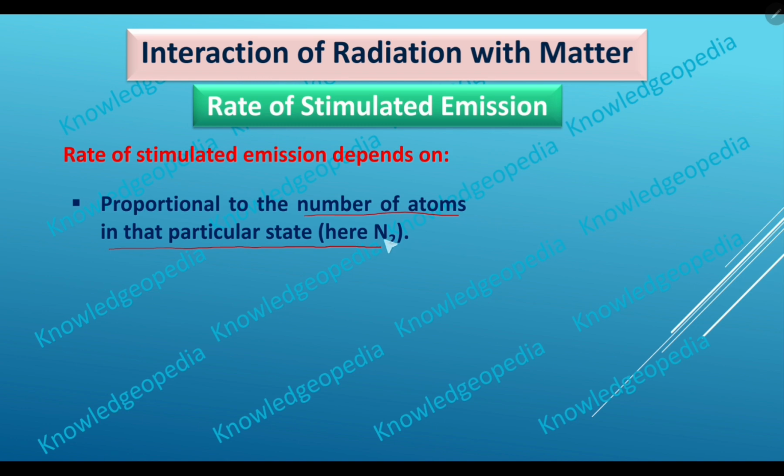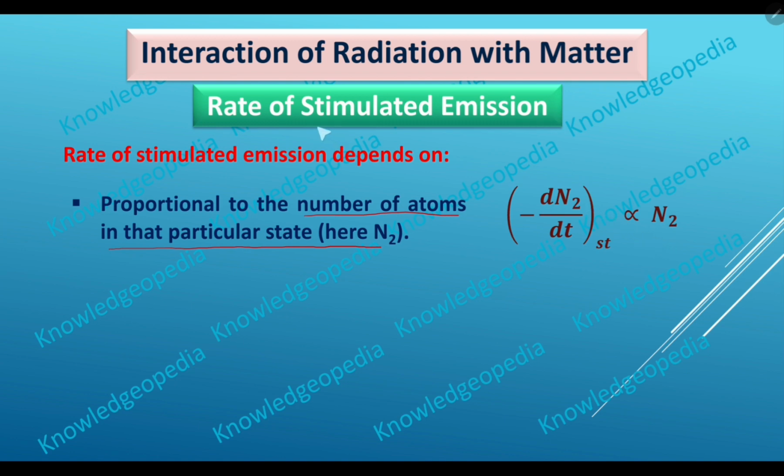So if more atoms are there in the excited state, then we will get more emissions, right? So it is directly proportional to the number of atoms in state 2, that is N2. Thus I can write minus dN2 by dt, stimulated emission, is directly proportional to N2, the population at the excited state.